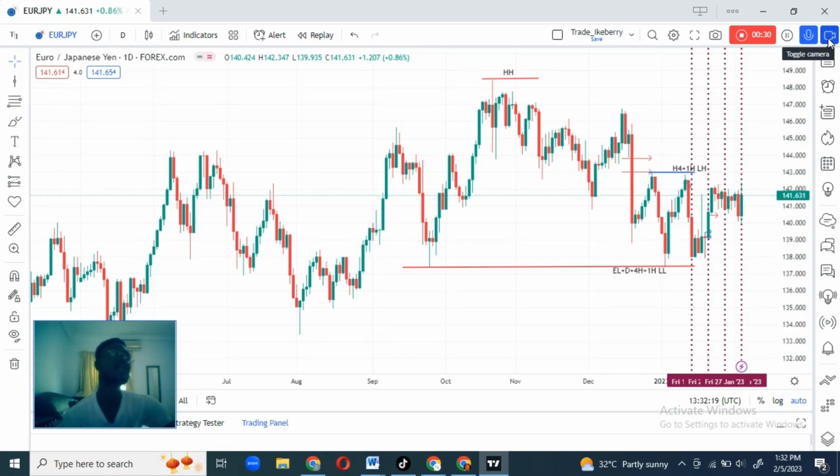Lucky for me, what I'm expecting from the USD dollar index has happened. Over the week, the FOMC and the NFP release made whatever I was expecting happen.